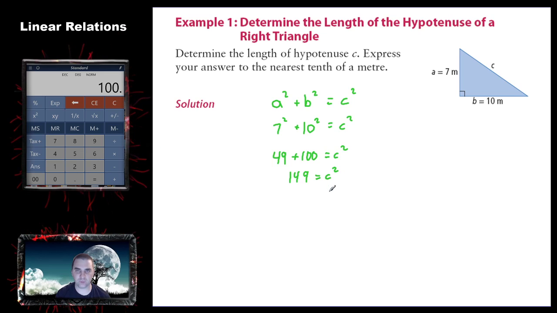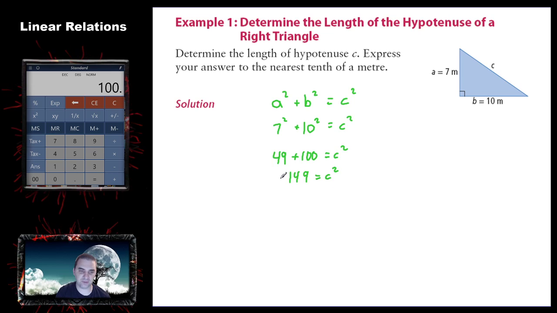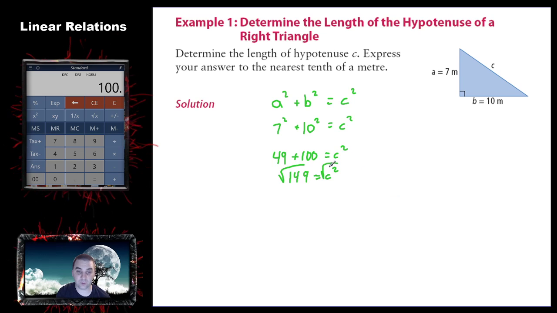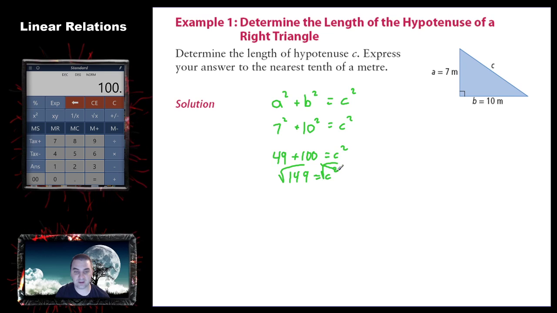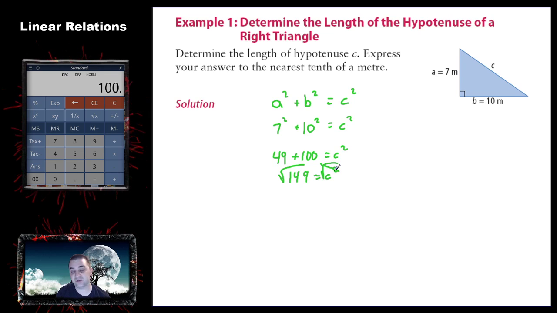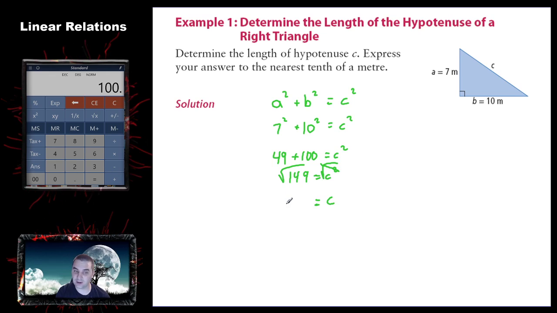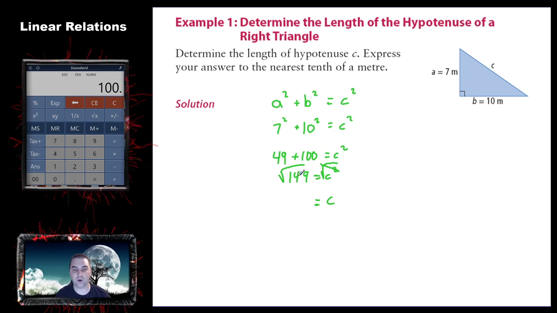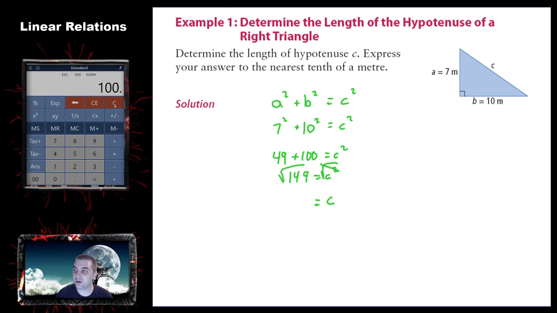Well, this is where the square root comes in. We're doing opposite operations. So if I do the square root of this side, I do the square root of the other side as well. But the fortunate thing is square and square root are opposite operations, so they cancel out, leaving me with just C here. And on this side, we have the square root of 149, which we can actually solve.